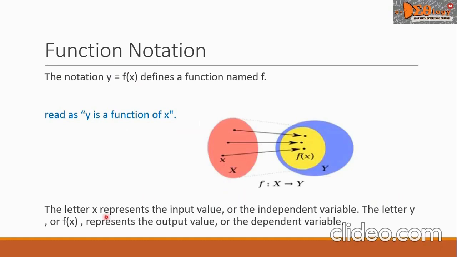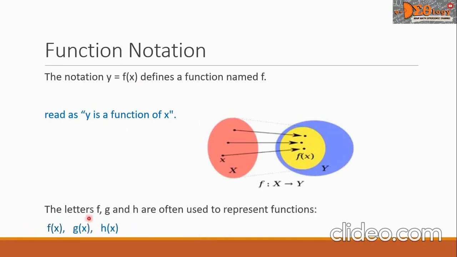The letter y, or f of x, represents the output value or the dependent variable. The letters f, g, and h are often used to represent functions. We will see f of x, as we see in our example here, or g of x, or h of x.